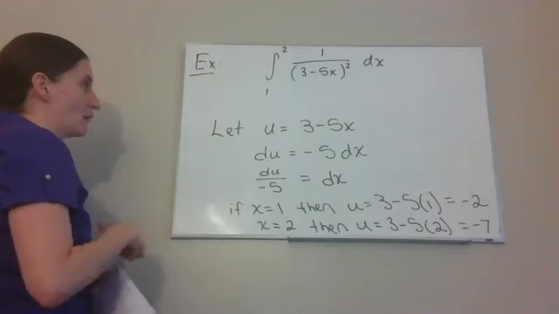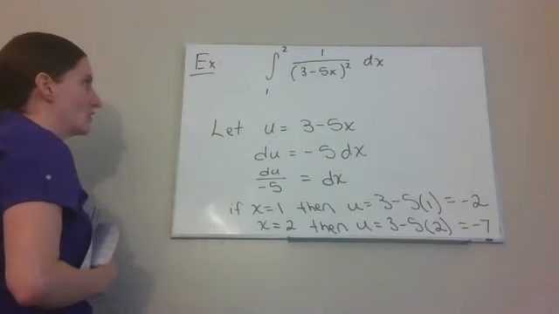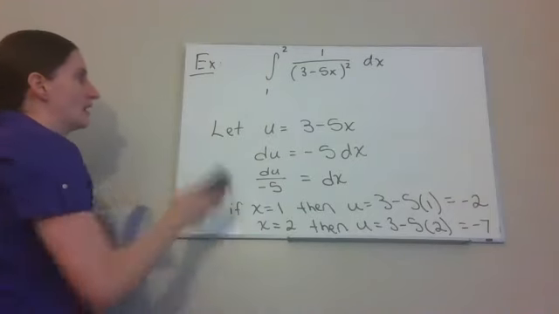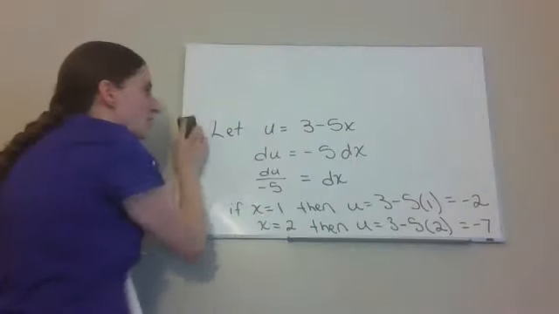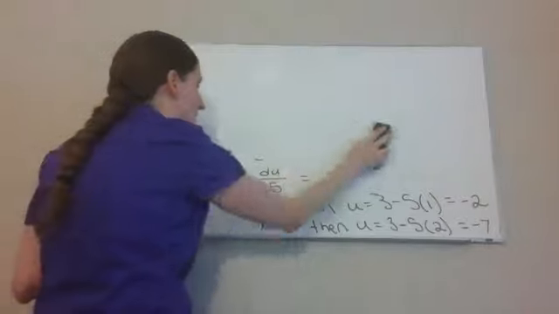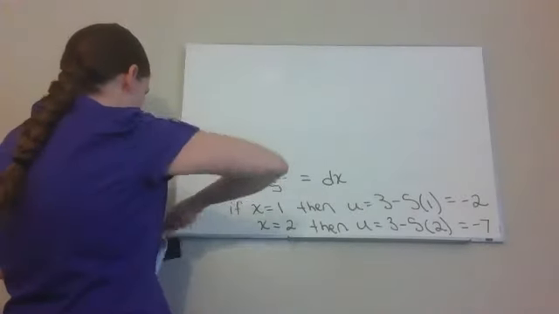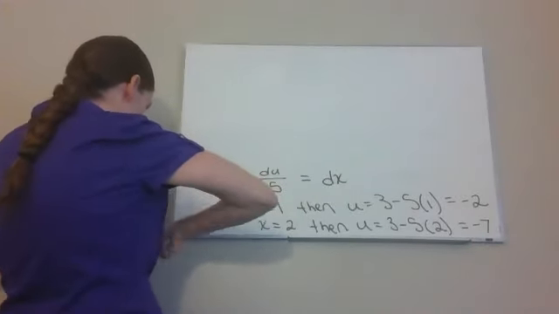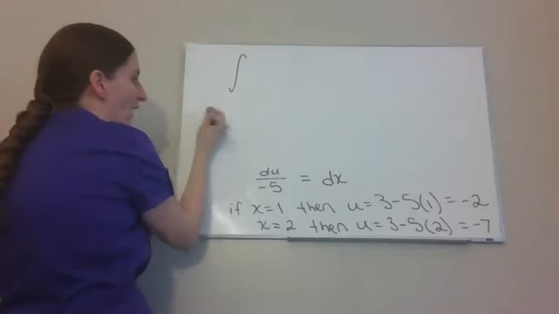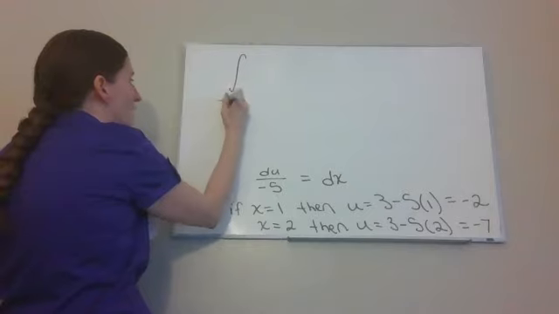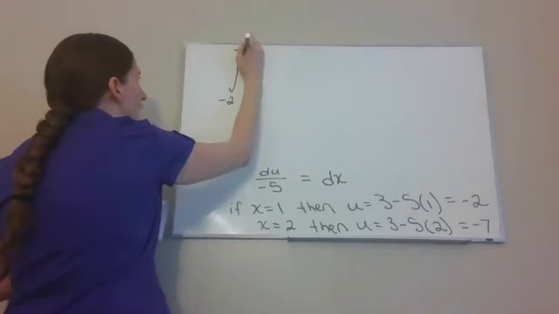So now I can rewrite this problem so it's all in terms of u instead of x. To do this, rewrite your bounds of integration. I now have u going from -2 to -7.